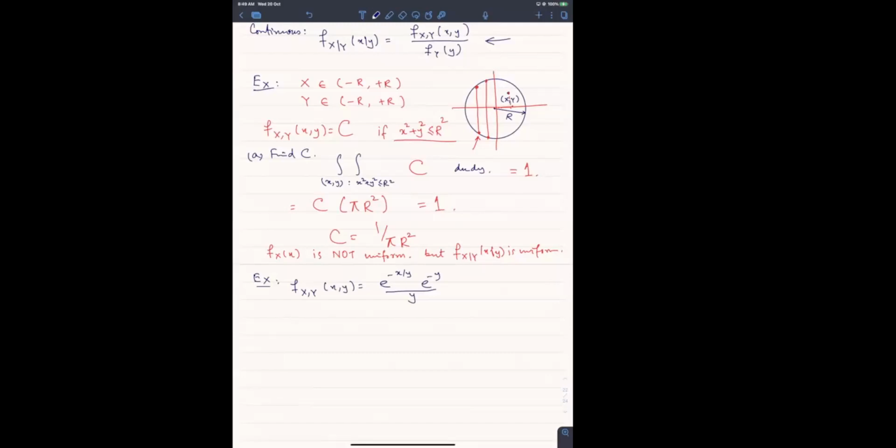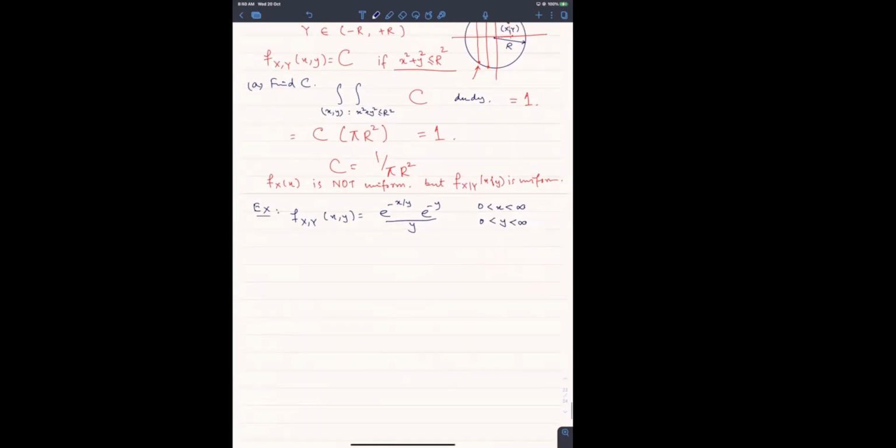This is the joint PDF, and once again here x is between 0 and infinity and y is also between 0 and infinity. So this is the joint PDF of x and y which is given to us, again non-zero in the first quadrant only, and I am being asked the question: find the probability x is greater than 1, given y is equal to y.